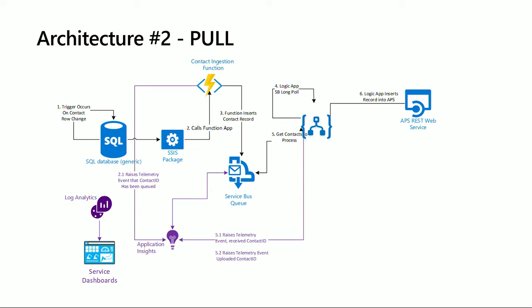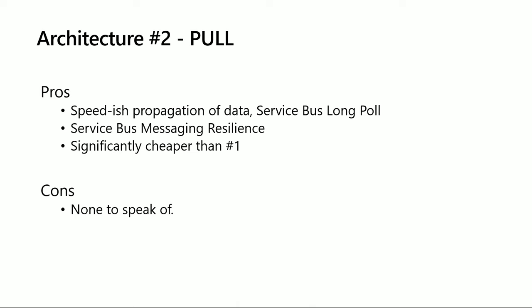So it's a relatively elegant solution, and it's significantly cheaper than the first one because we've taken Event Grid out. And despite the fact that there aren't really any cons to speak of, you know, it ticks all of our boxes, we sat there and thought, we're sure we can do better than that. Because we're Yorkshiremen, and we've got deep pockets and short arms, and we understand the needs of our customer, okay?